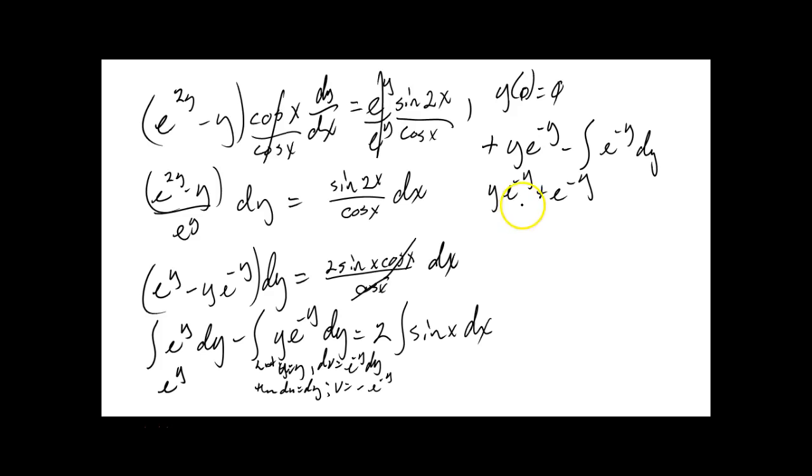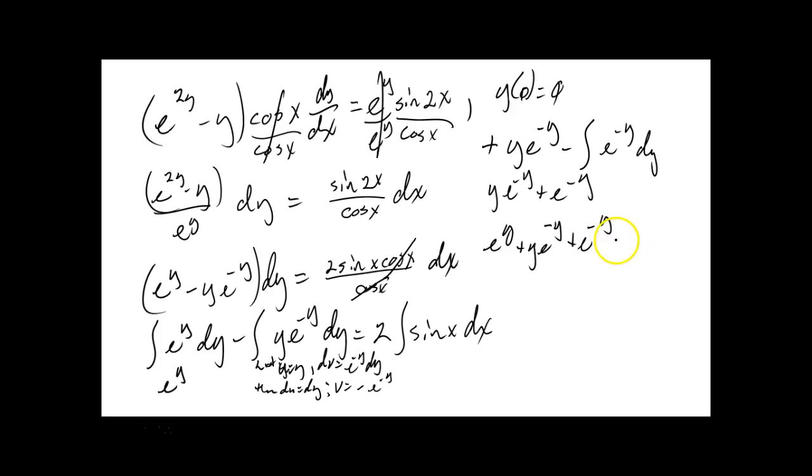So what we have here is e to the y from here plus y e to the minus y from there plus e to the minus y. That's the left-hand side.